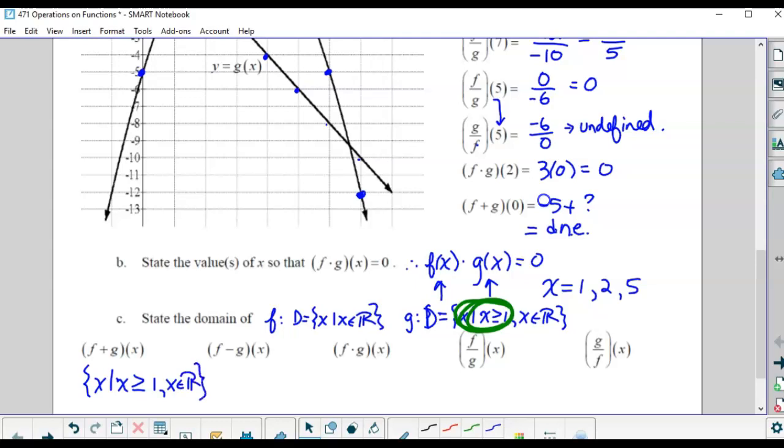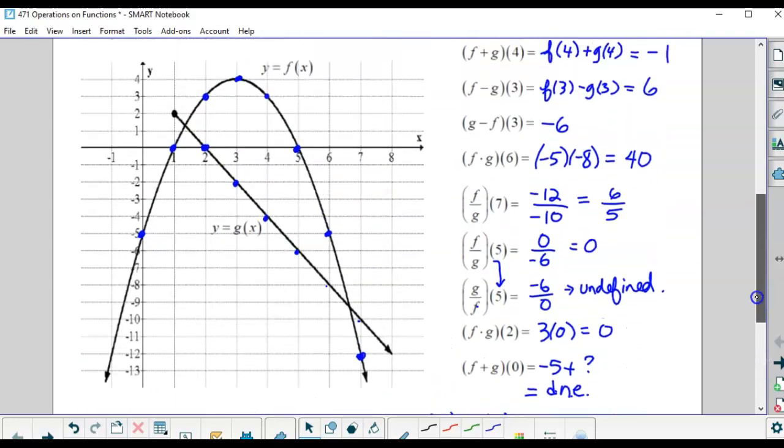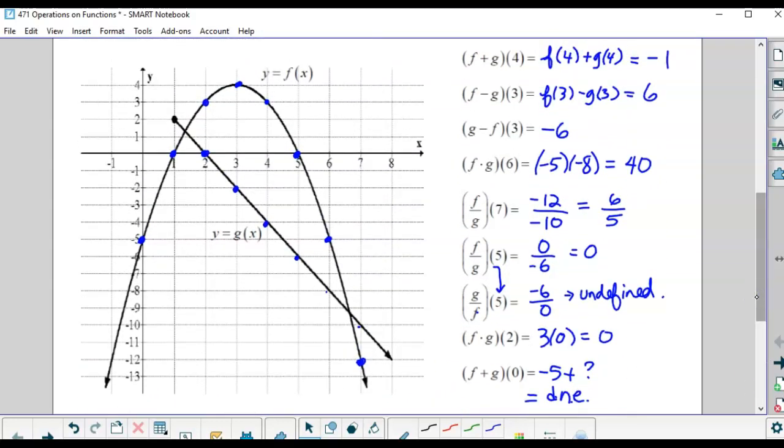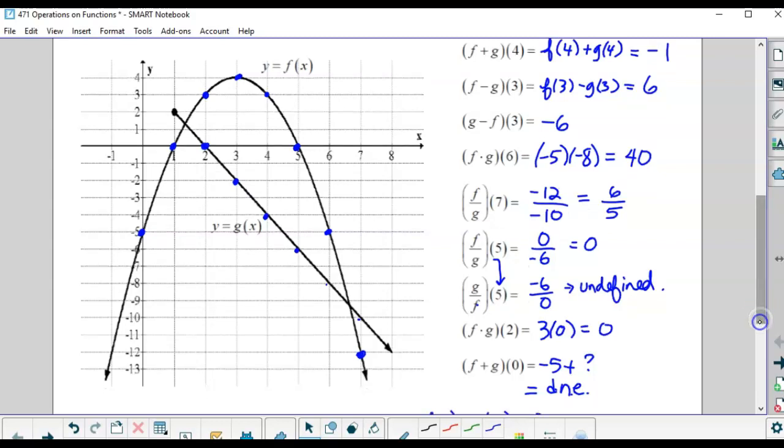When we subtract them, the same. When we multiply them, the same. When we divide them, we can't divide by 0. So our domain is the same, except remember when g has a y value of 0, so that's x equals 2, we would have an undefined.